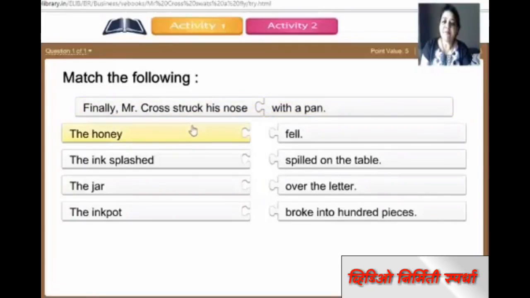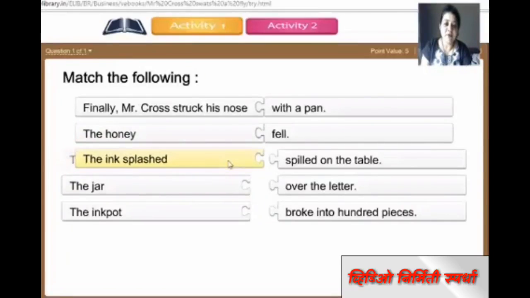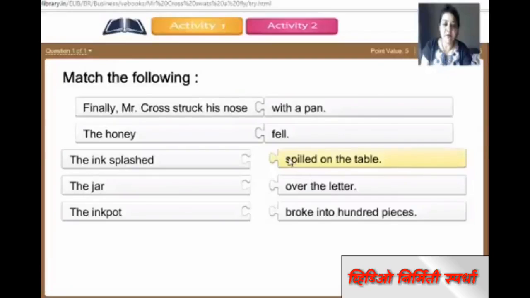Okay. What happened the honey? Okay. Your answer is, well, I am matching it. The third one is the ink splashed. What is the answer? Spilled on the table. It is the answer.